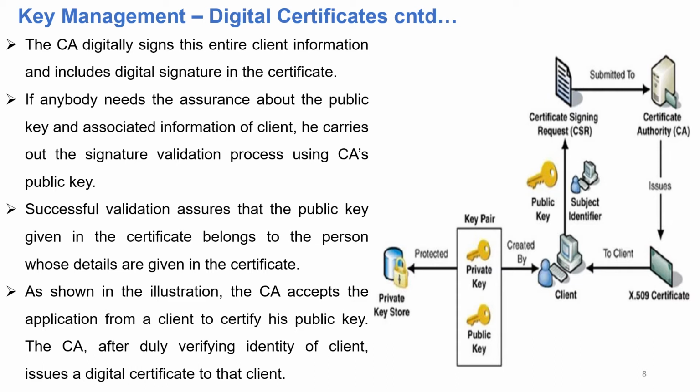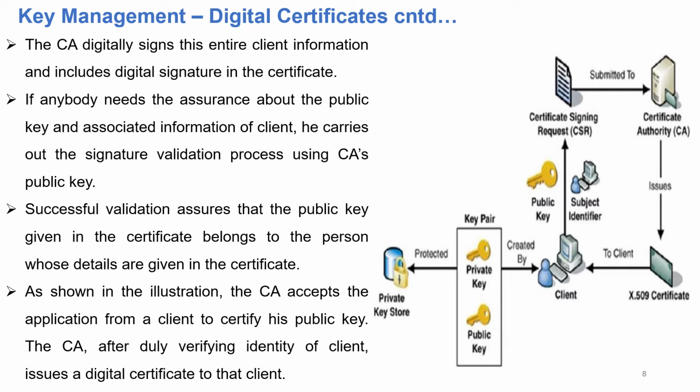So the steps are mentioned here. The CA digitally signs the entire client information, which, as previously stated, has all the user details, the issuer details, the expiration details, etc. And this includes the digital signature in the certificate.